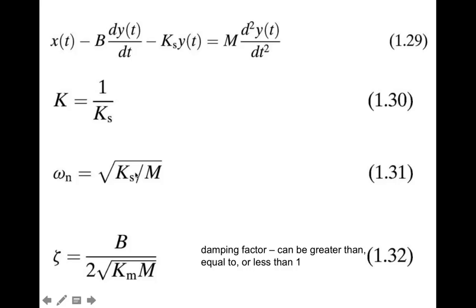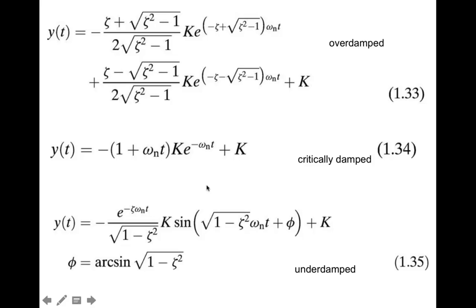So if this were a spring on a mass problem, B would be a frictional constant, K would be a spring constant, and M would be the mass. So we get these damped oscillations. Now, a lot of this depends on the relative values. When you solve for this, it depends on the relative values of omega n, zeta, and so on.